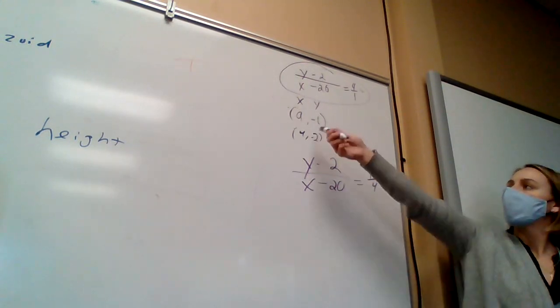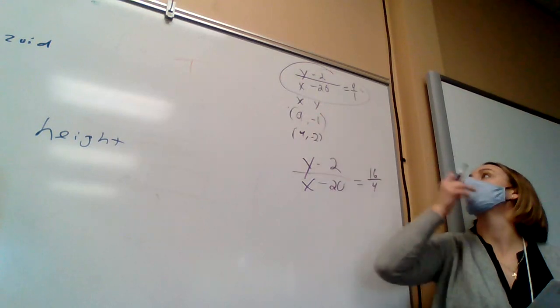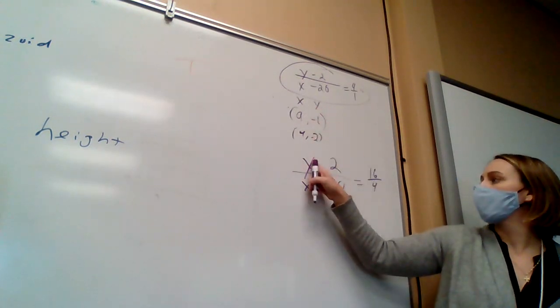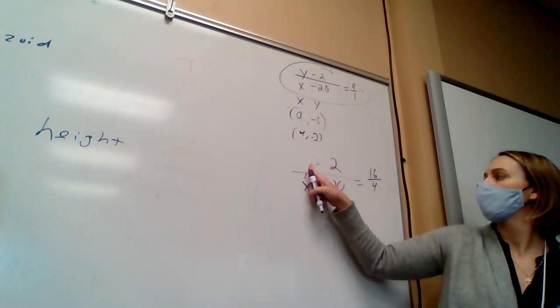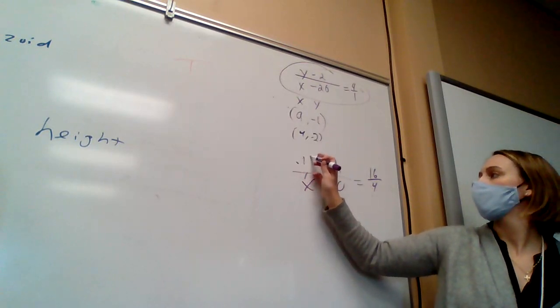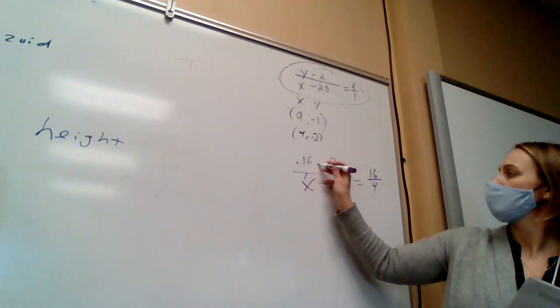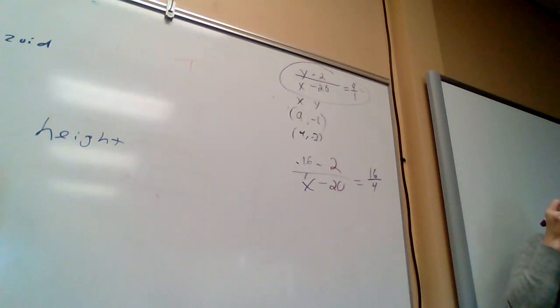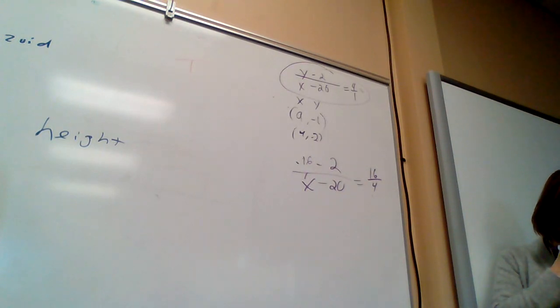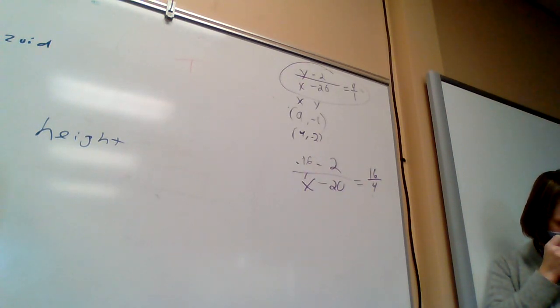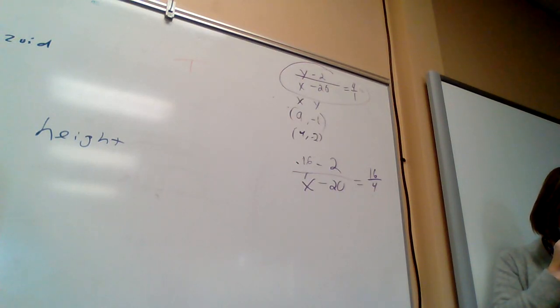We know at a and negative 1, the y is negative 1, right? What is the x? Are you supposed to use the A and the B together?